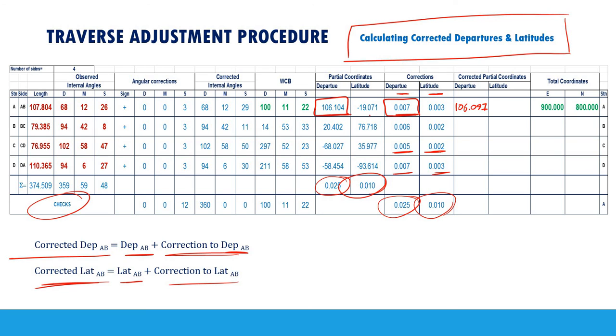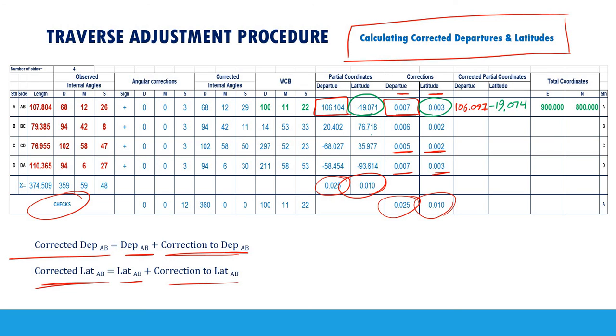Now the correction to latitude, which is the latitude value minus this one. So the latitude value, minus 19.071, minus 0.003, would be in this case minus 19.074, and so on.